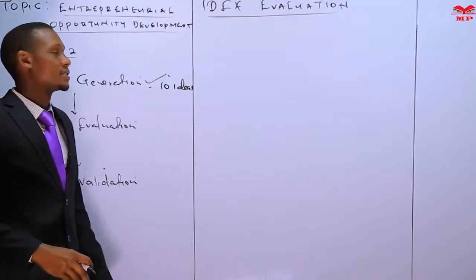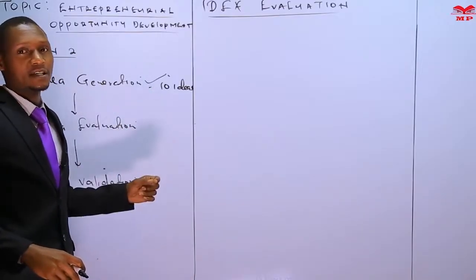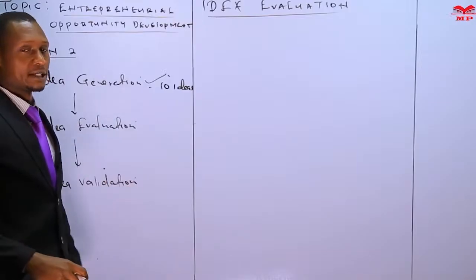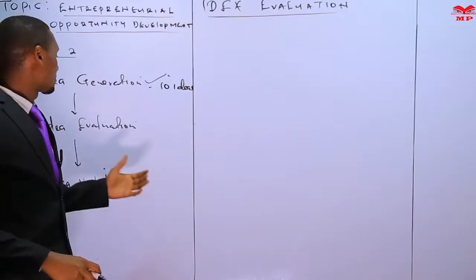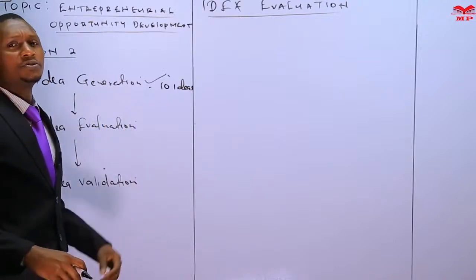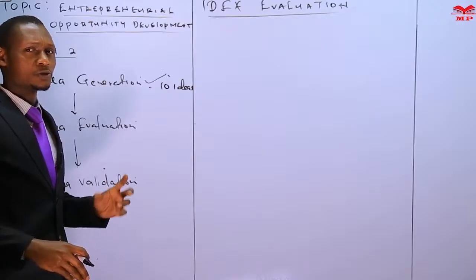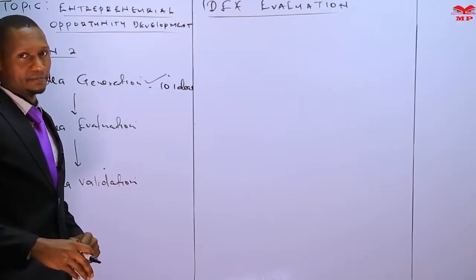But then again, the entrepreneur must determine out of these ideas which ones are worth considering. So the aim of step number 2 is to cull down those ideas to a smaller, manageable number.